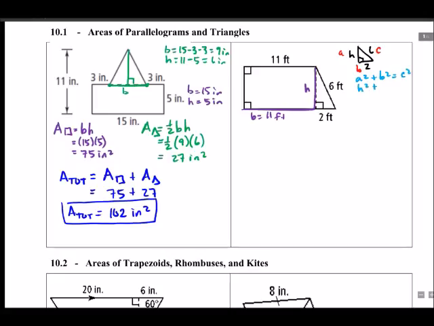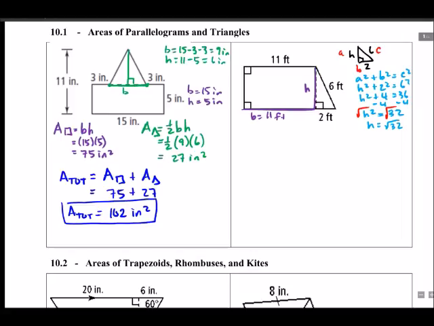H squared plus 2 squared equals 6 squared. This is 4, 36, subtract 4 from both sides. H squared equals 32. Now we need to square root to get H by itself. So H equals the square root of 32.